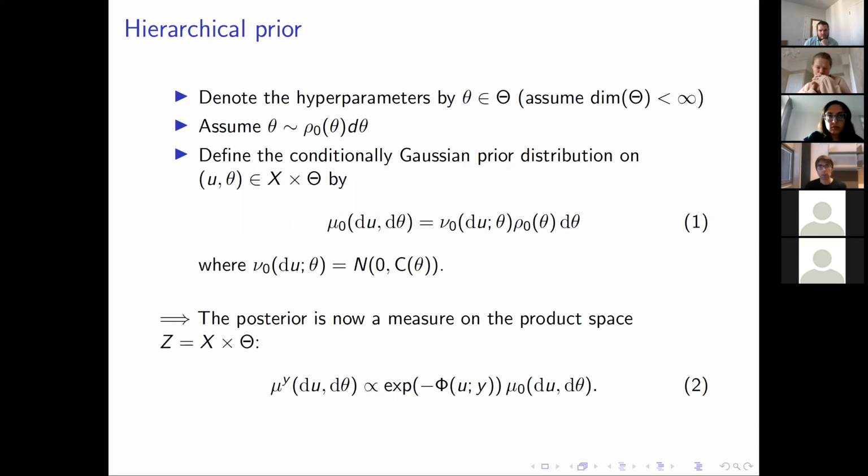And so we assume that theta is distributed according to this density, some rho naught, and then I will study Gaussian prior distributions that are defined according to this joint distribution. Okay, and now under such a hierarchical prior, my posterior takes the following form. So now the posterior is also dependent on the hierarchical parameters, and that becomes visible here in the prior.